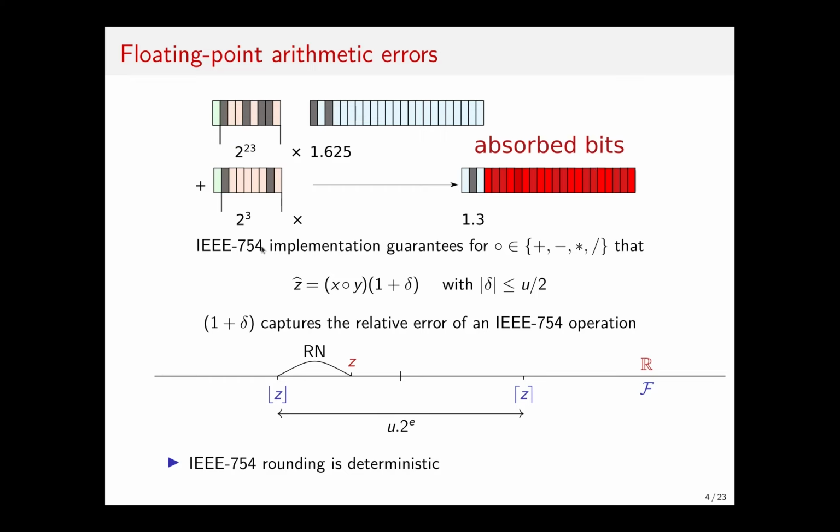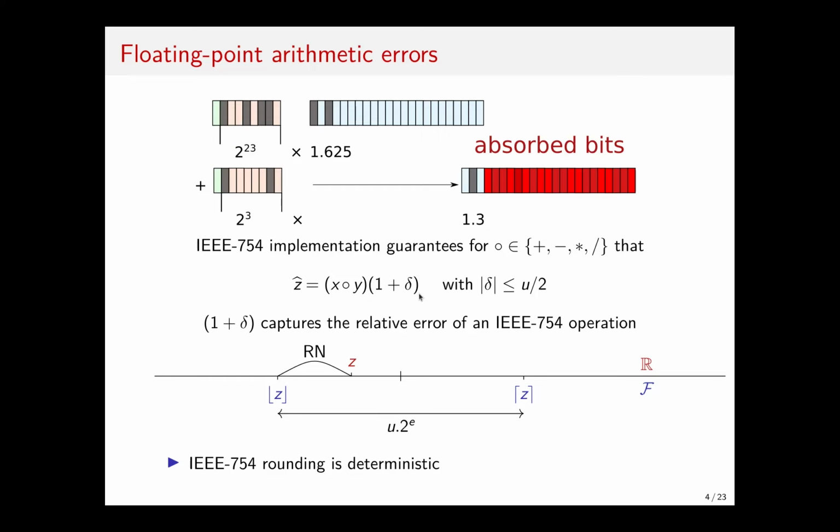IEEE 754 has some guarantees on error. For the basic arithmetic operations, it tells us that the approximation it's going to make, which here I'm going to write hat z, is going to be equal to the exact result, x round y, multiplied by an error factor. And here we represent the error as a relative error.